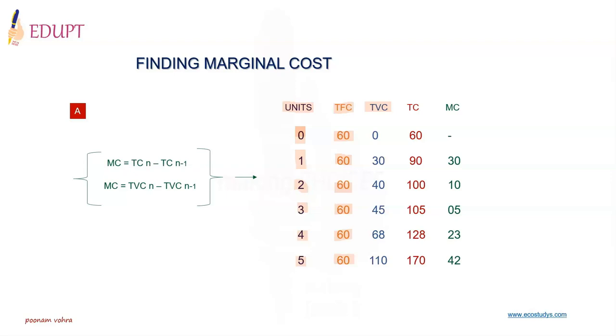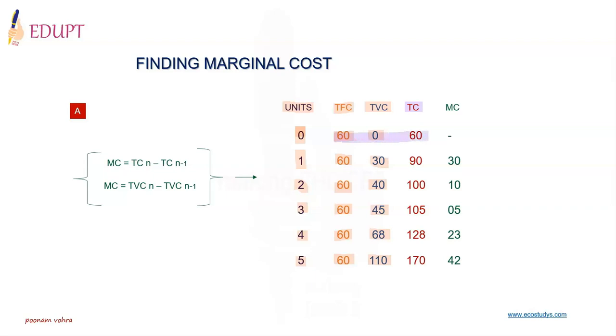Total variable cost increases with increase in output. It is 0 with 0 units, 30 when 1 unit is produced, 40 with 2 units, 45 with 3 units, 68 with 4 units, and 110 when 5 units are produced. One can find total cost, which is the addition of total fixed and total variable cost.